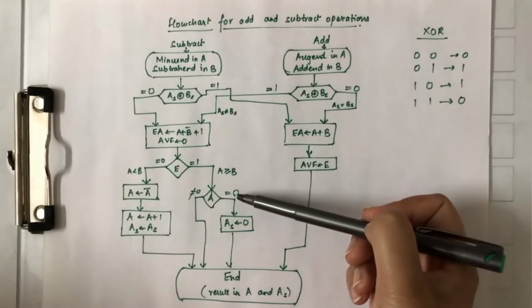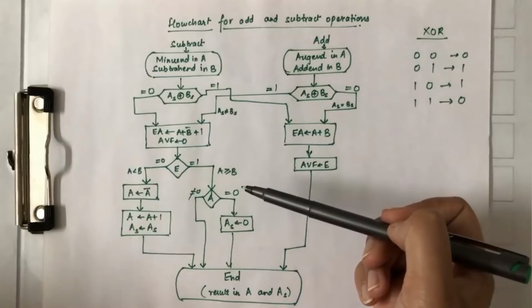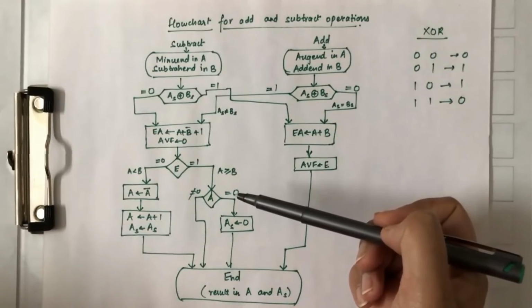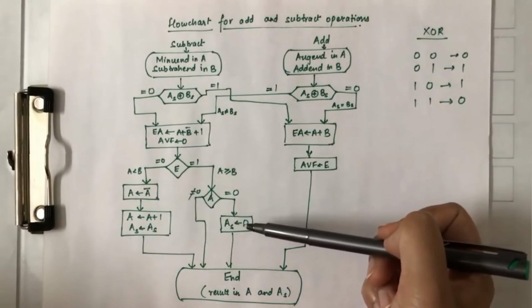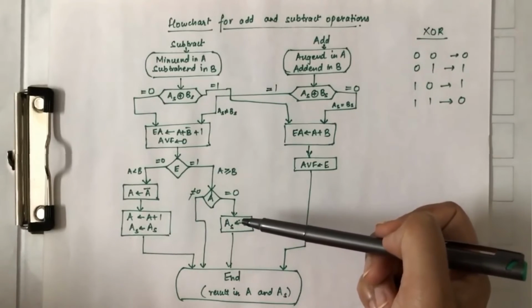But in the other case, it can be equal to B. In that case, the result will be 0, because A minus B, where A is equal to B, will be 0. The sign bit will be set to 0, that is positive, resulting in a positive 0.